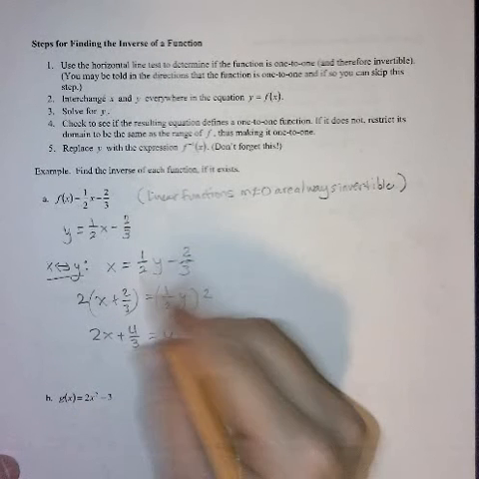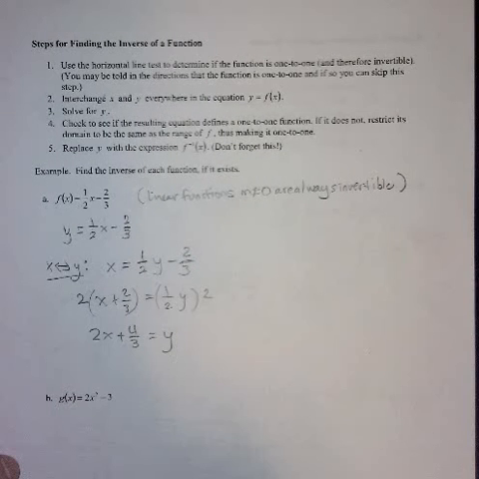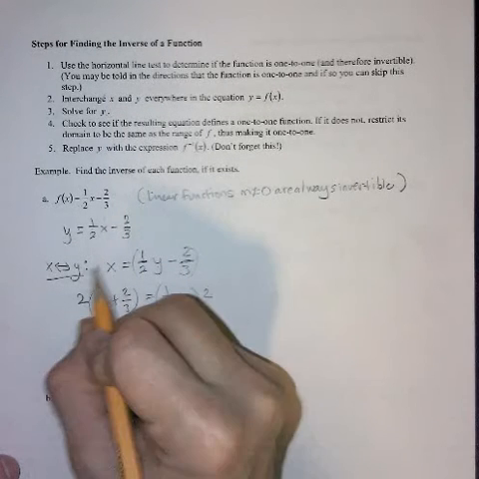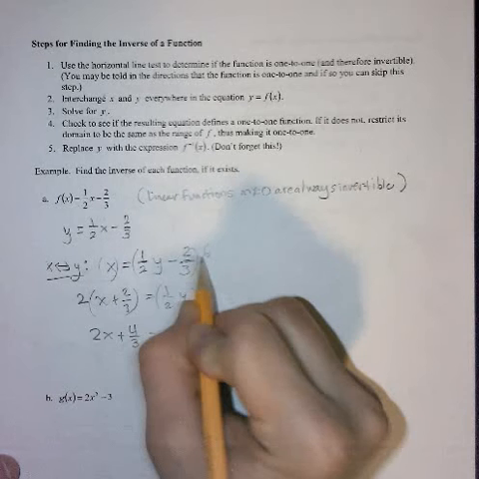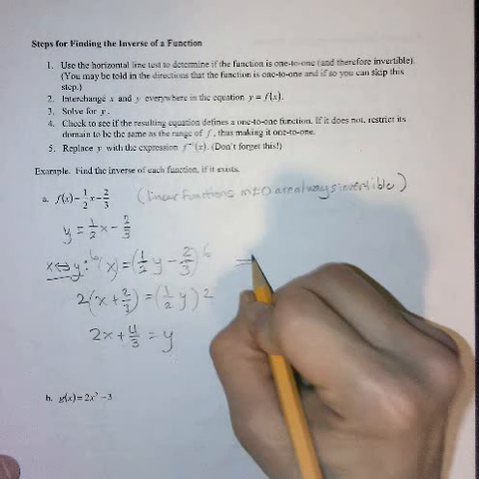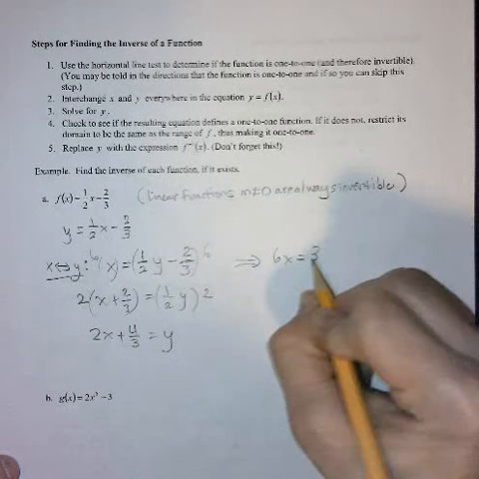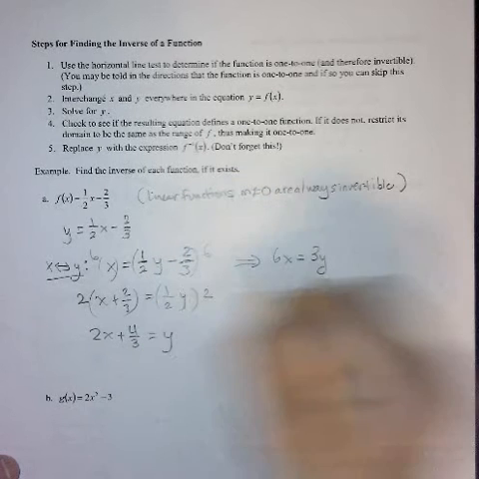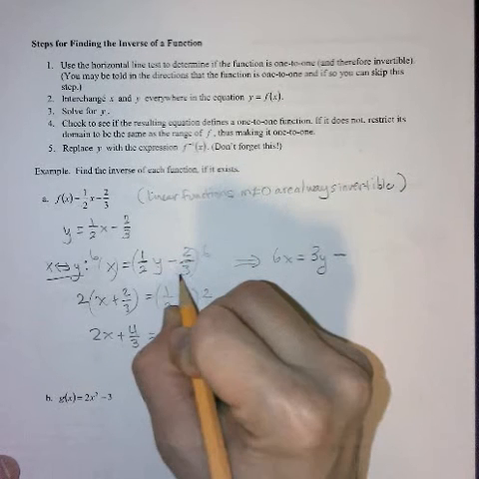Or if you wanted to, you could also clear the denominators first. Like when I said 2 ways, that's what I meant. You could multiply both sides by 6 and get 6x is 3y, right? 1/2 times 6 is 3, minus 3 goes into there 2 times, 2 times 2 is 4.